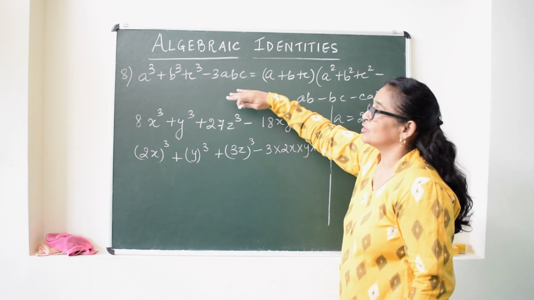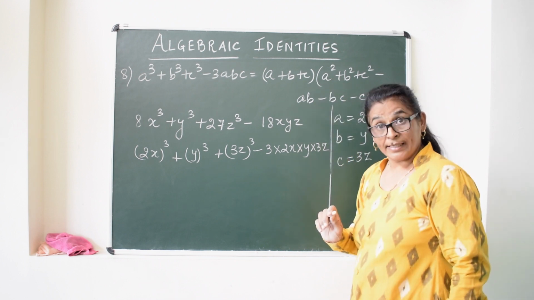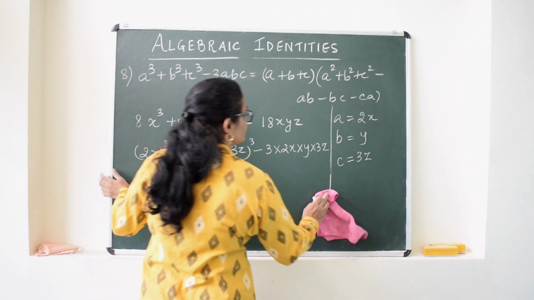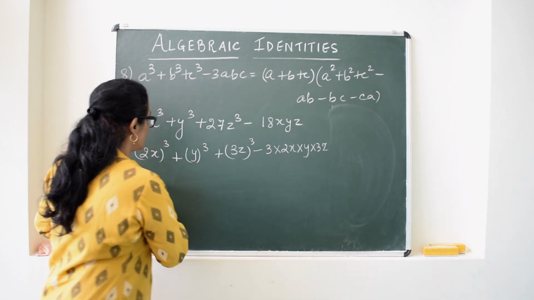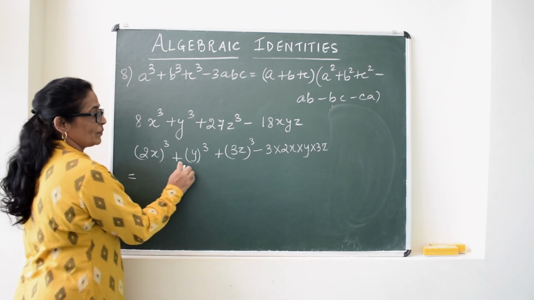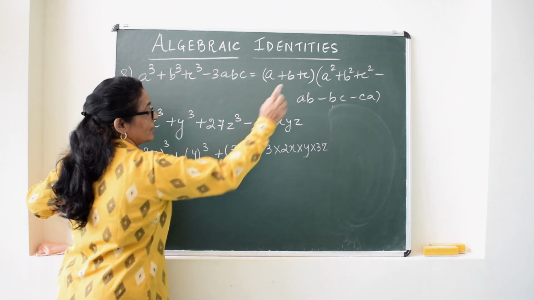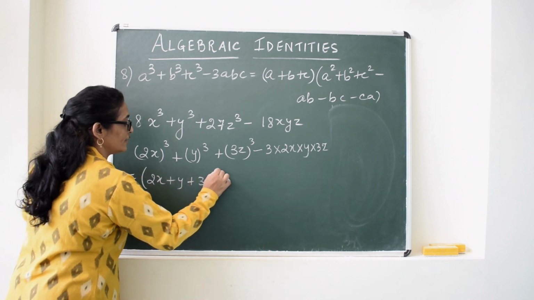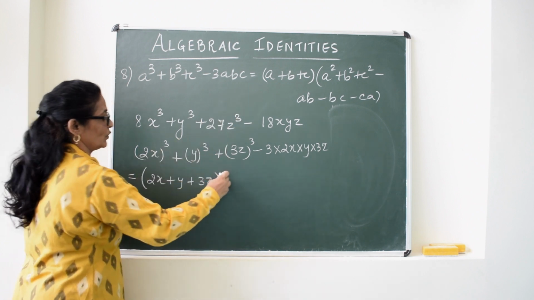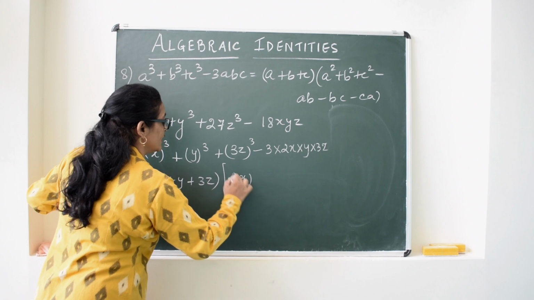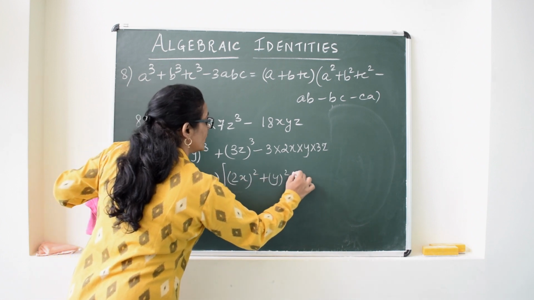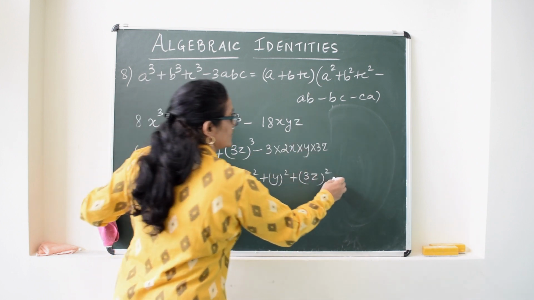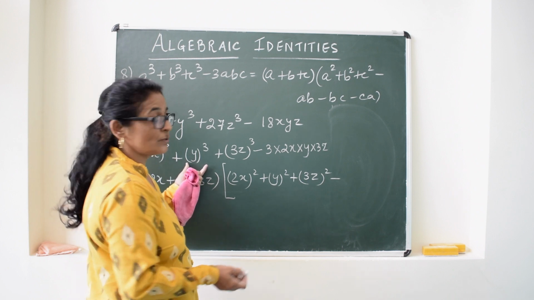It means we have got LHS in our hand and we have to go to the right hand side. So those will be called the factors. So we'll write it. How will we write? It is a cube plus b cube plus c cube minus thrice abc. So we'll go to the right hand side. First term is 2x, second is y, then 3z. So a plus b plus c into a square plus b square plus c square, where the third term is 3z, minus ab. ab means first term into second one.